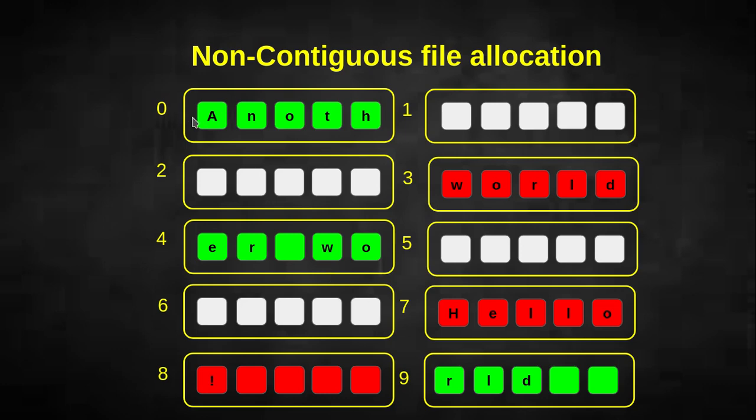The green file has the data that is stored in it, but rather than putting it in one contiguous sequence, we separate it into different blocks. The same thing applies for the red file over here. But the problem is, how do we link this all together? That is when we use the various techniques for non-contiguous file allocation.